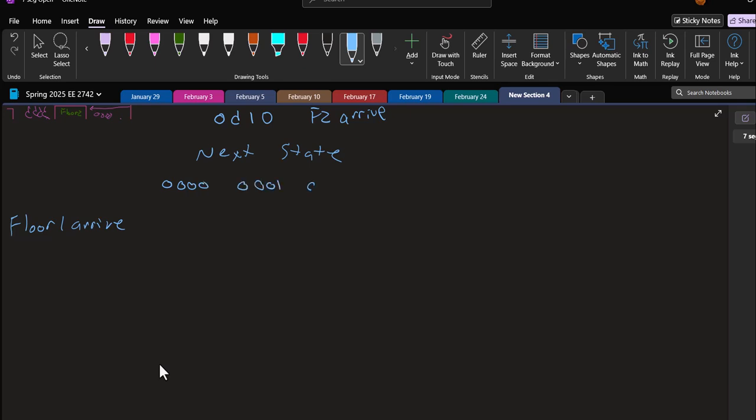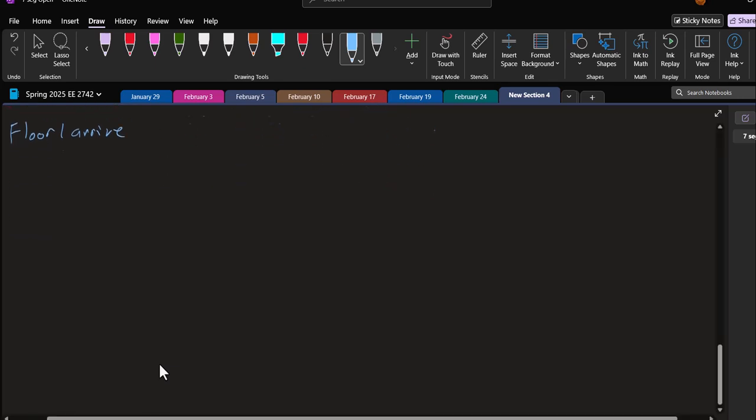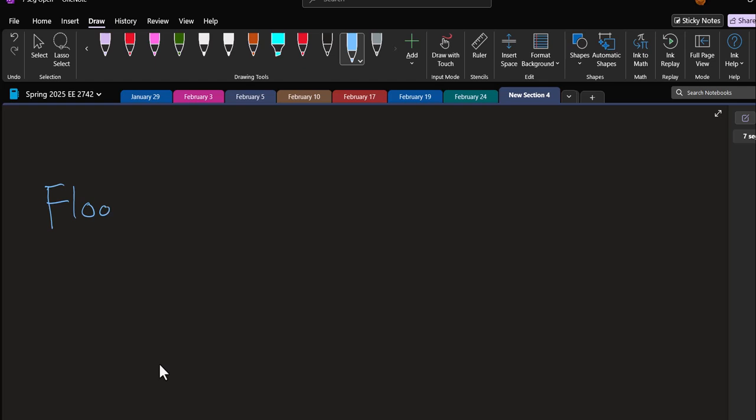The other thing that you could do is, rather than doing a regular state table, just do the same things here, and then have another column for your output.